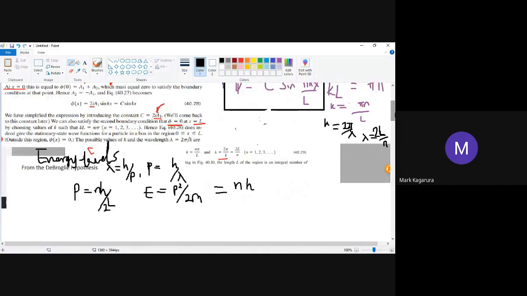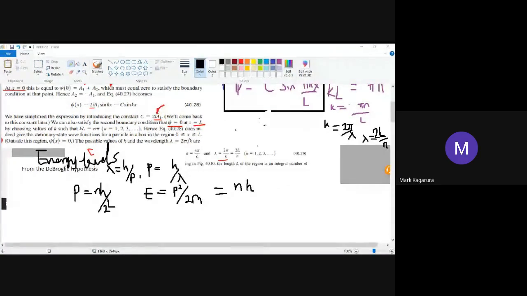Why isn't that h quantized? Did we make a mistake somewhere? No, we did.